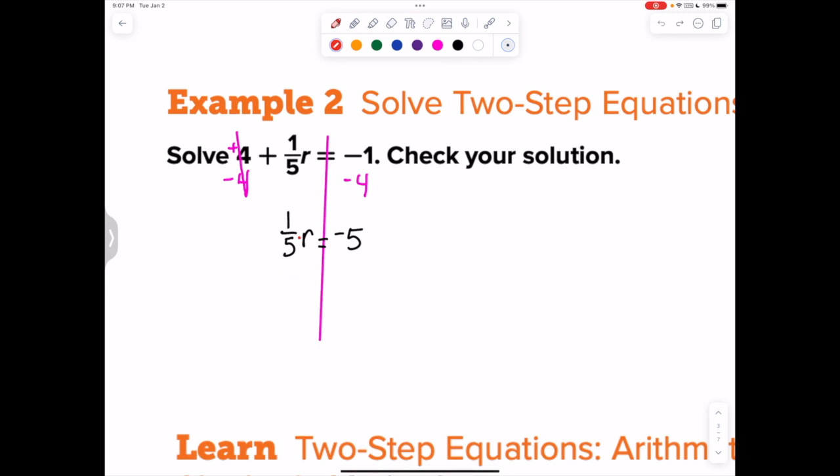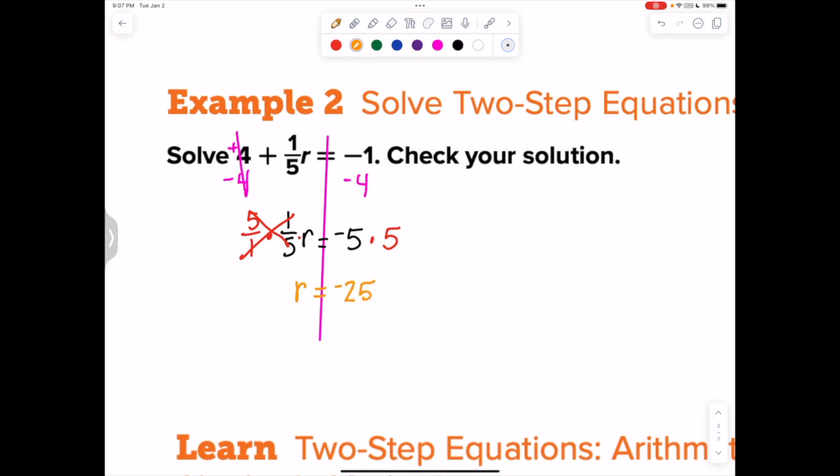You're going to write it on the side here when you do multiplication. So times 5 over 1, and I'm not going to write 5 over 1 because it's just 5. Okay, this cancels out, and I'm now left with r equals, and negative 5 times positive 5 is negative 25.